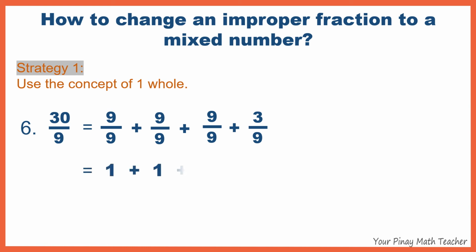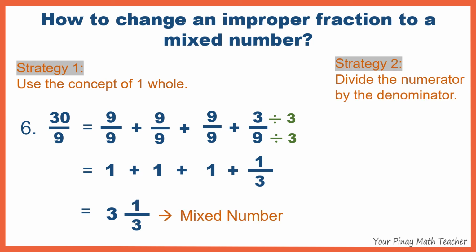Changing all 9/9 to 1 whole, we have 1 plus 1 plus 1 and then bring down plus 3/9. But since 3/9 is not in its lowest form, we have to reduce it by 3 and we get a reduced form of 1/3. Adding them all, we get 3 and 1/3.